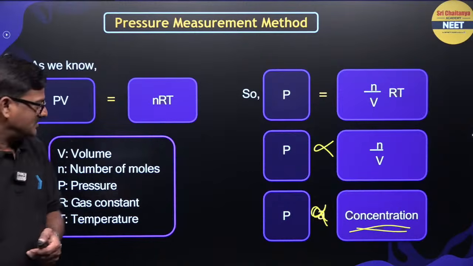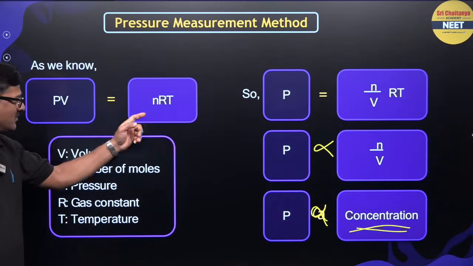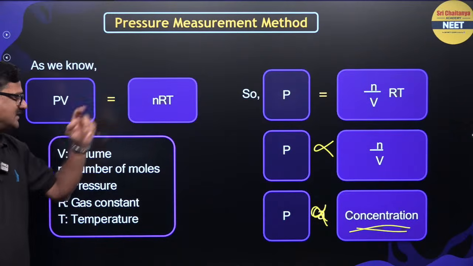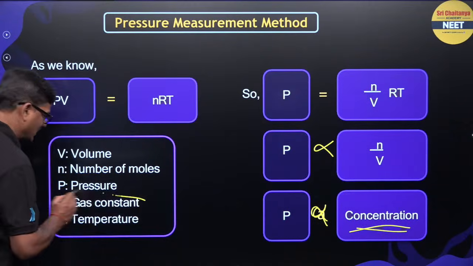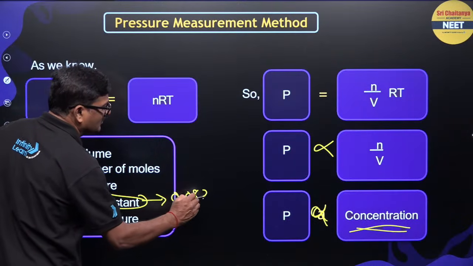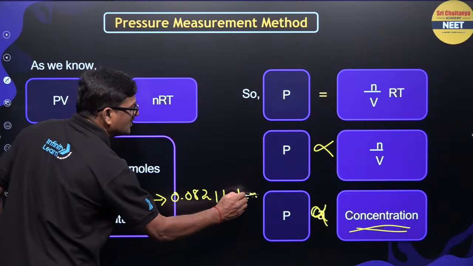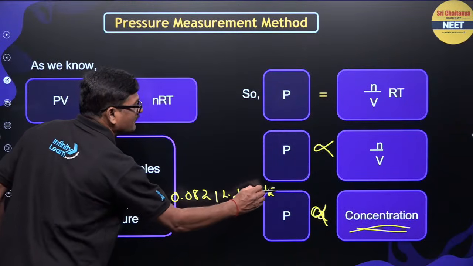Here P is pressure, V volume, n number of moles, T is the temperature and R is the gas constant, 0.0821 liter atmosphere mole inverse Kelvin inverse. Okay.